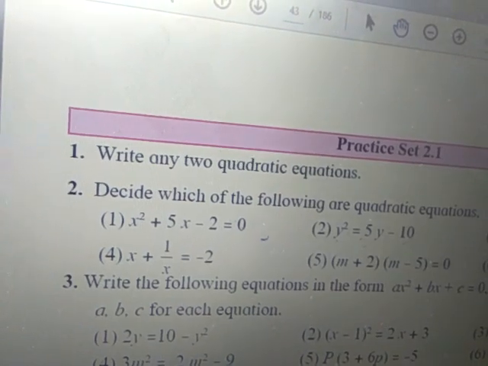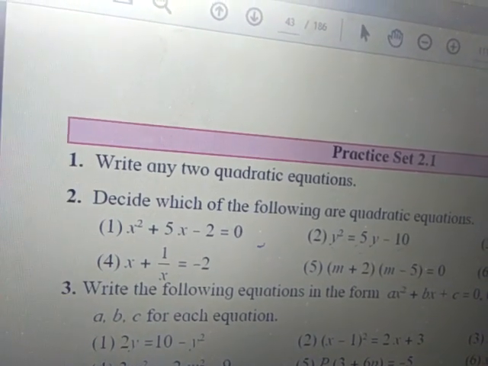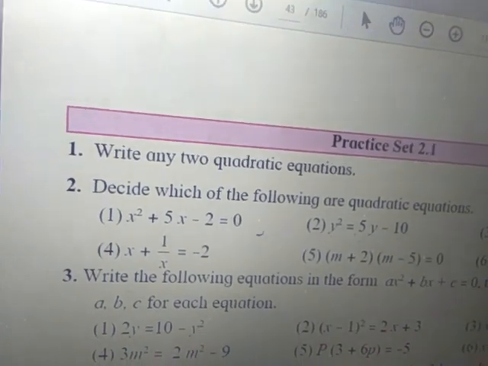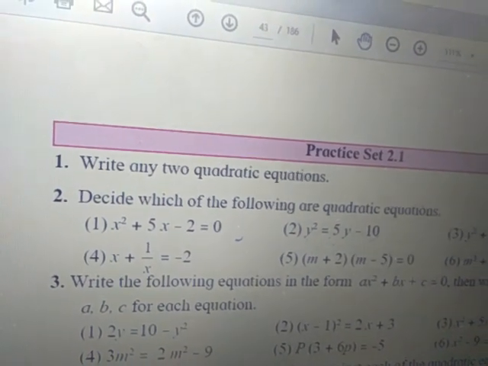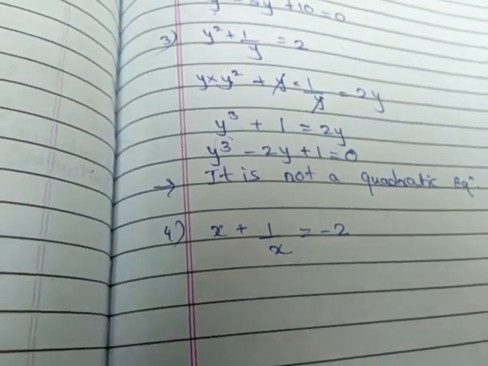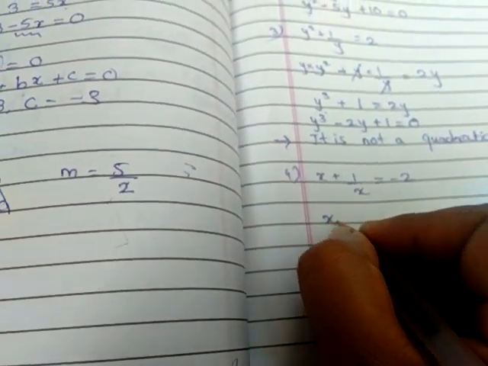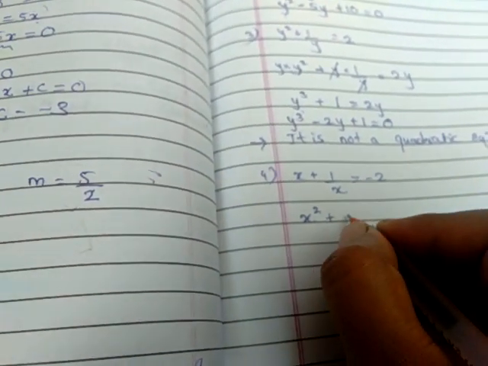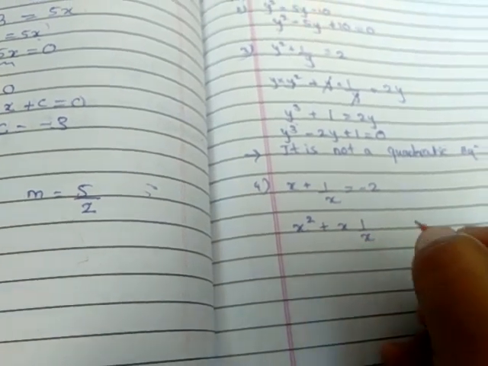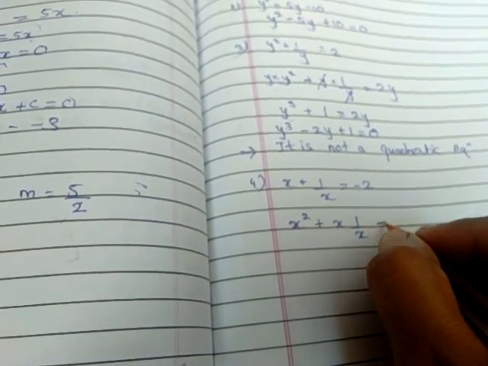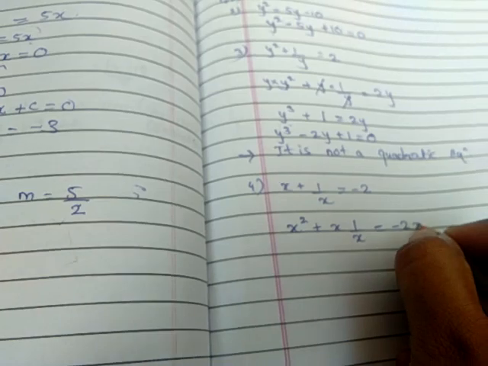Now fourth question, x plus 1 upon x is equal to minus 2. We'll check whether it is quadratic or not. Now x is in the denominator, that's why we have to multiply this equation by x. Now x into x is x square, plus x upon x into 1 upon x, which gets cancelled, is equal to minus 2 into x.